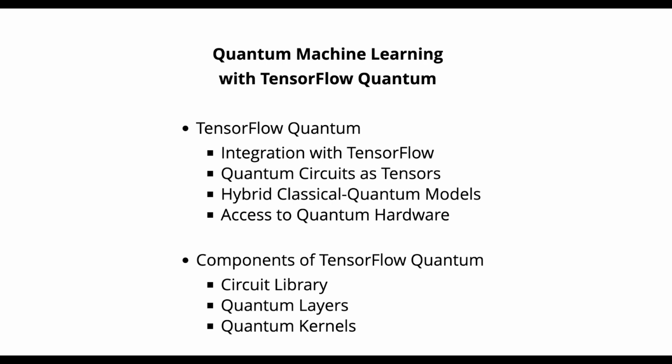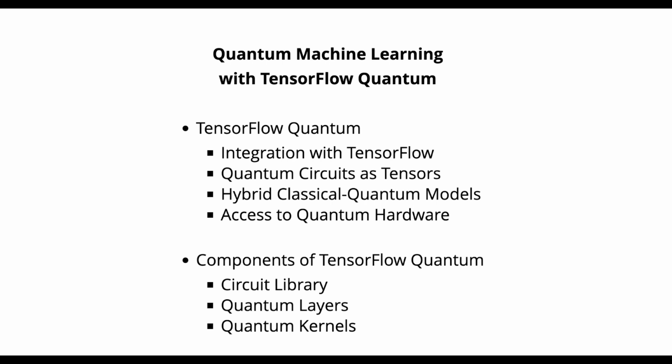Hybrid classical quantum models: you can build hybrid models that combine classical and quantum components for performing machine learning tasks. We have access to quantum hardware. TFQ provides interfaces to access quantum processors from hardware providers like Google's Cirq and IBM's Qiskit.